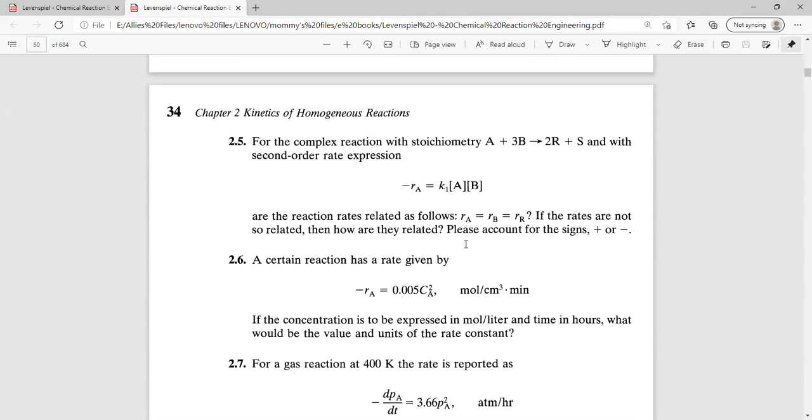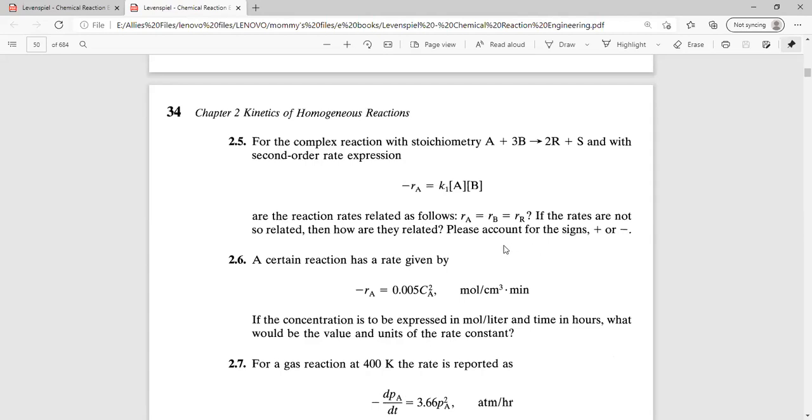We're here at 2.5. For the complex reaction with stoichiometry A plus 3B forming 2R plus S, and with the second order rate expression as given, are the reaction rates related as follows? So we say that the rate in terms of A is equal to the rate in terms of B equal to the rate in terms of R. If the rates are not so related in this manner, how are they supposed to be related?